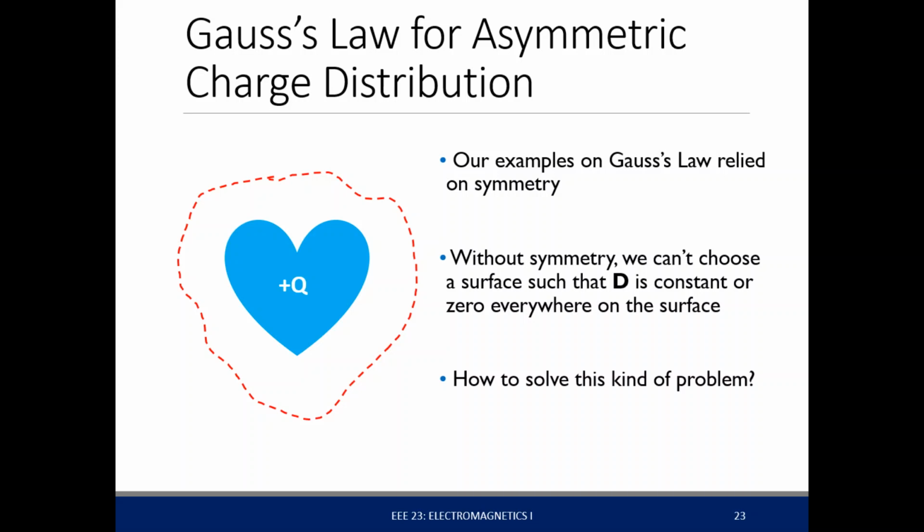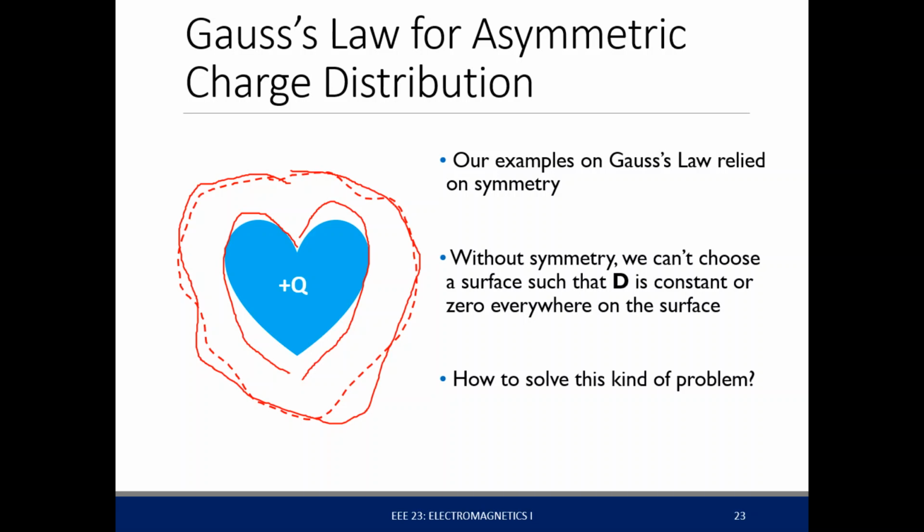How do we solve that? We can't really choose a surface in this case. For example, a heart-shaped charge distribution. We can't really choose a surface that can enclose it such that it has symmetry. Okay. How do you solve this kind of problem?